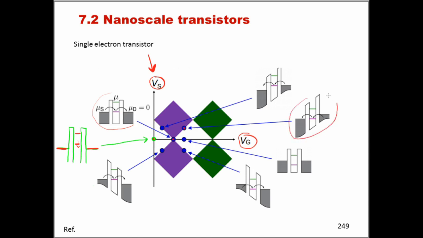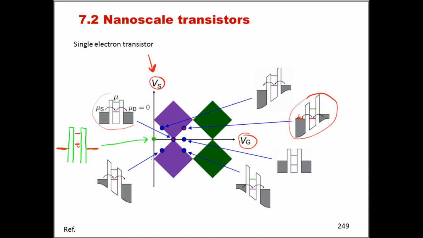So we've increased slightly VS, so we pushed down the source compared to the drain, but at the same time we've pushed a little bit down also the 0D confined structure states, effectively in a way to maintain it aligned with the source.